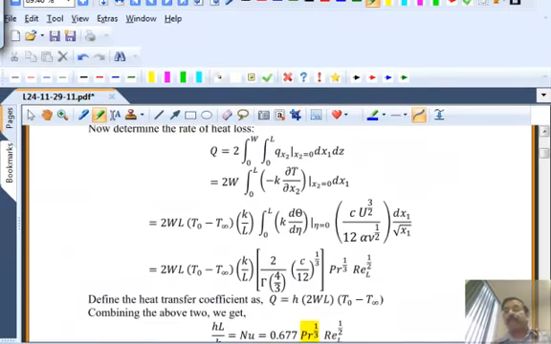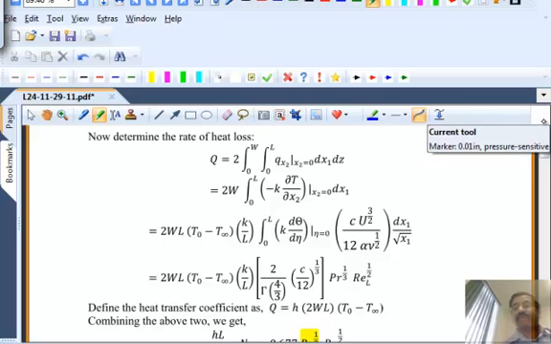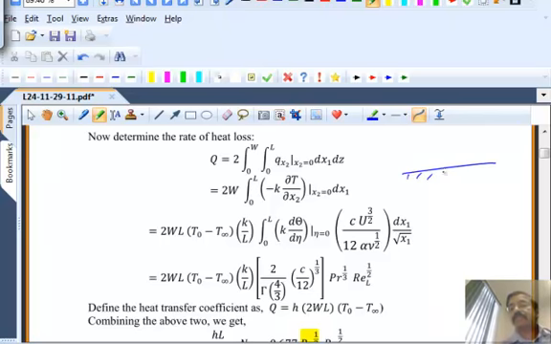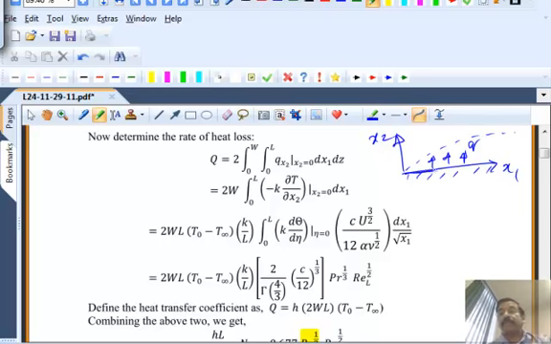So our problem now, using that velocity profile that we have, we want to calculate what is the flux Q. So this is our x1 direction, and that is our x2 direction, and this is our boundary layer. So how much heat is being transferred into the flow domain from this boundary, from this plate?